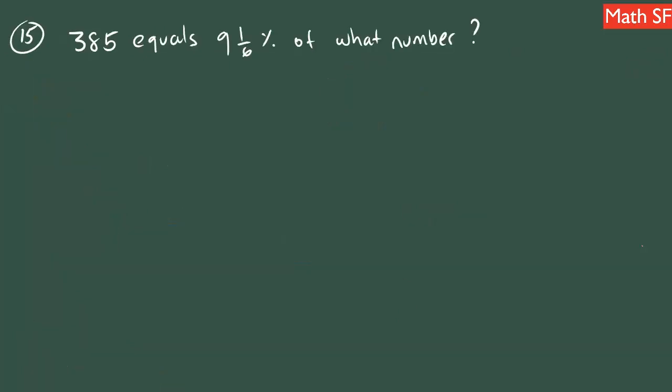Problem 15. So let's give the translation. Let's give the equation here, which is going to be part A. Part A is 385 equals 9 and 1/6%. "Of" is going to stand for a multiplication, so you're going to put times, and "what number" is going to stand for our lovely box.